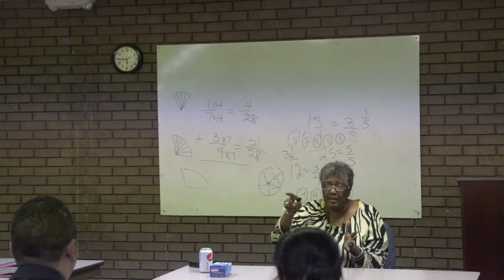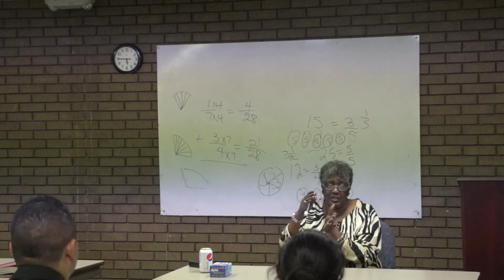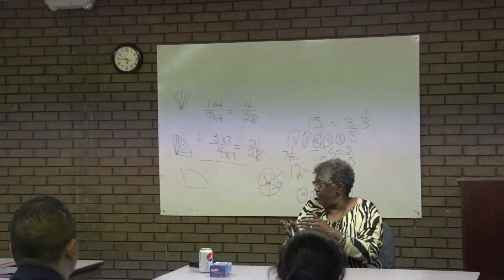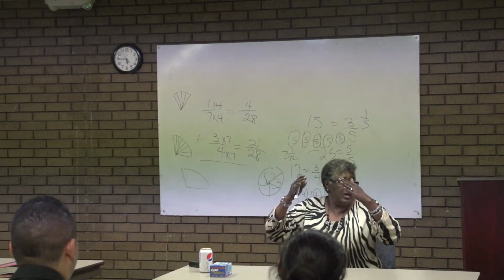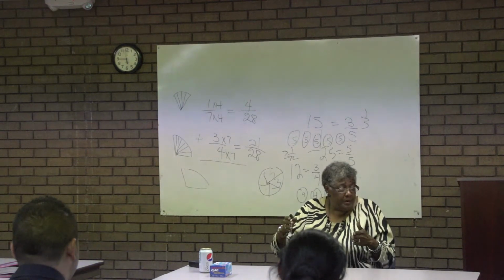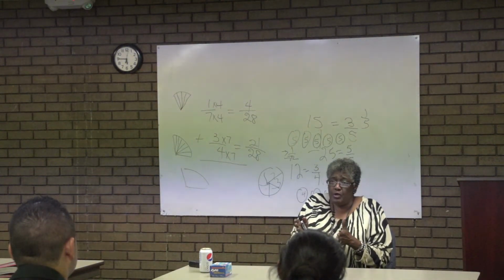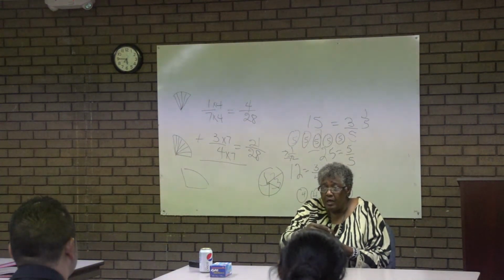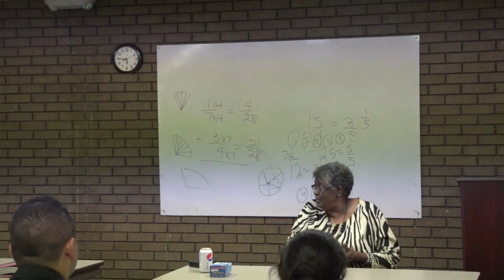Once you've cut that cake into 4 pieces, unless you want to really tear it up, if you want to still have the same size pieces all the way around, the only thing you can do now is cut each piece into 2 pieces evenly, cut each piece into 3 pieces, cut each piece into 4 pieces, cut each piece into 5 pieces. You can cut each piece into 100 pieces if you can cut that small. But every time you cut this one, you've got to cut the other 3 too.